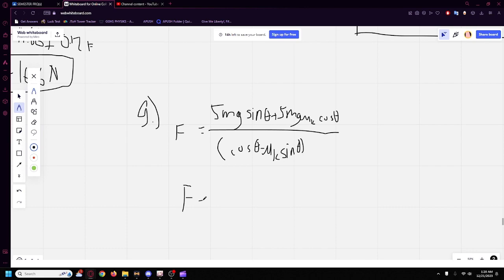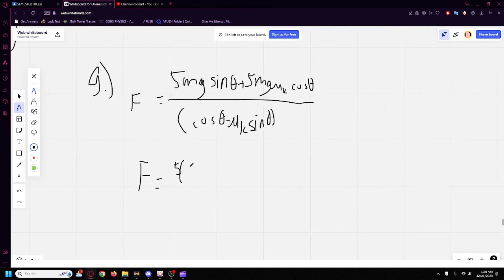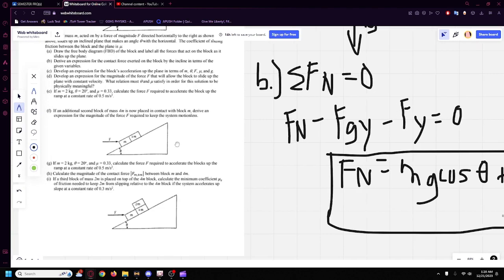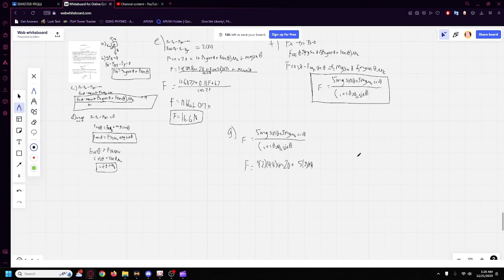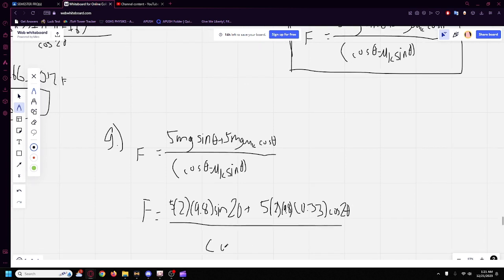So F is equal to 5 times 2 times 9.8 sine 20 plus 5 times 2 times 9.8 times friction, which is 0.33, cosine 20, divided by cosine 20 minus 0.33 sine 20.